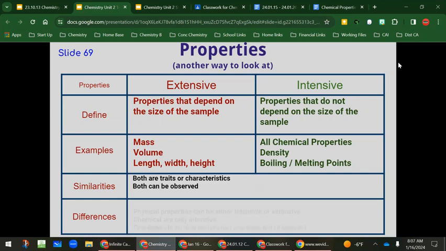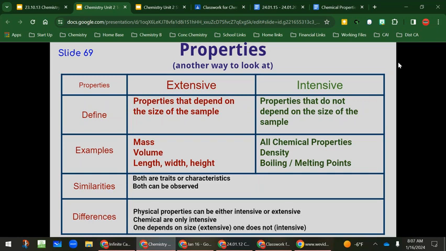And the differences, ladies and gentlemen, physical properties can be either intensive or extensive. Chemical are only intensive. And then obviously going back to the definition, one depends on size and one does not.